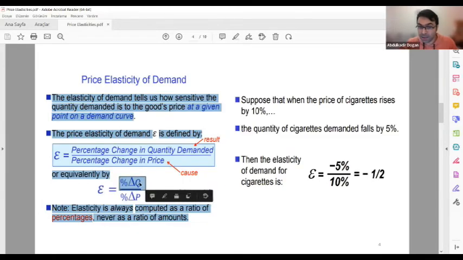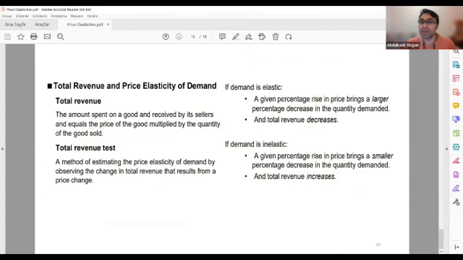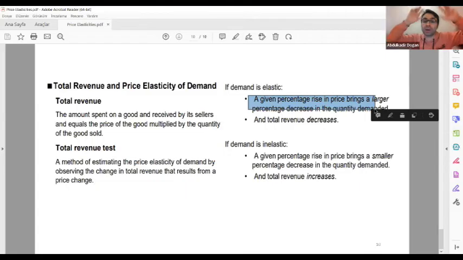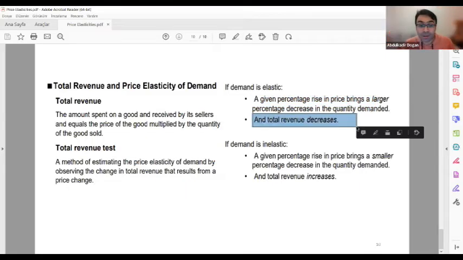Because if I divide a number greater than 50 by 50, the division will be greater than 1. So go to my answer. If your demand is elastic, your price change will create a greater change in quantity demanded, and your total revenue decreases. Keep in mind, by changing your prices, you will not always increase your revenue, okay?